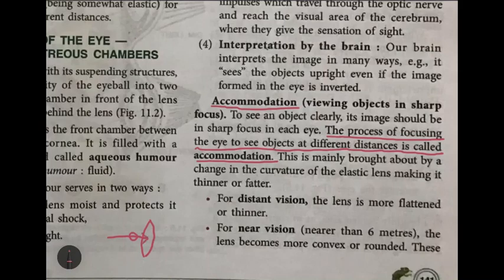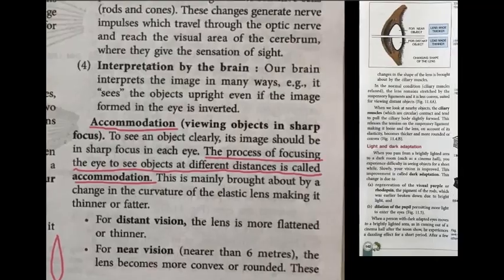The shape of this lens changes. For distant vision it becomes long and thin, and for near vision, for nearer than 6 meters, the lens becomes more convex or more rounded. So this is how distant and near vision is possible.